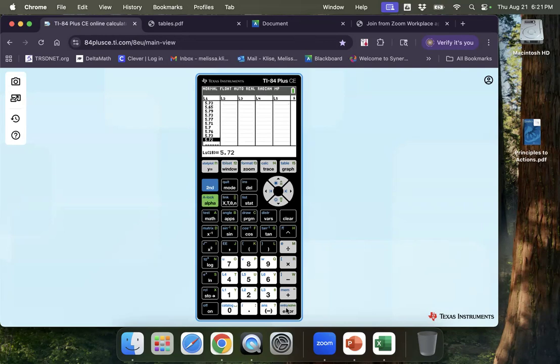Okay, so now that you have those in your list, go to stat tests and down to t-test. Remember, do not use the z-test button ever, ever. It's 1-PropZTest or t-test. We have data now, so I'm going to click on the data button. I want data, enter.